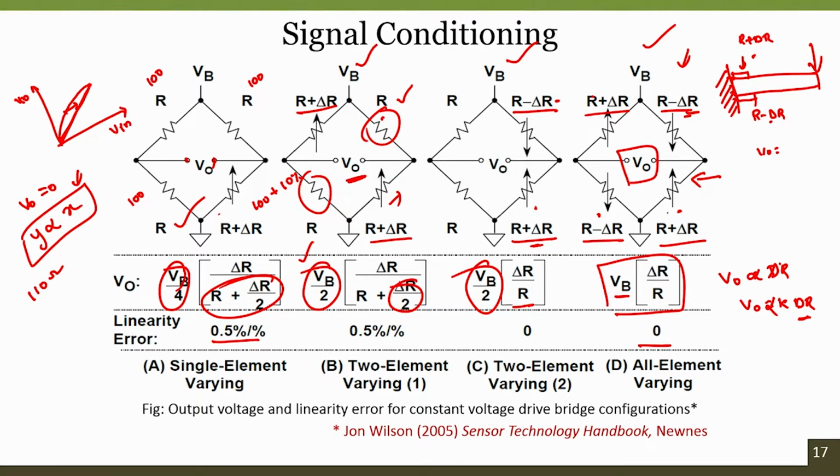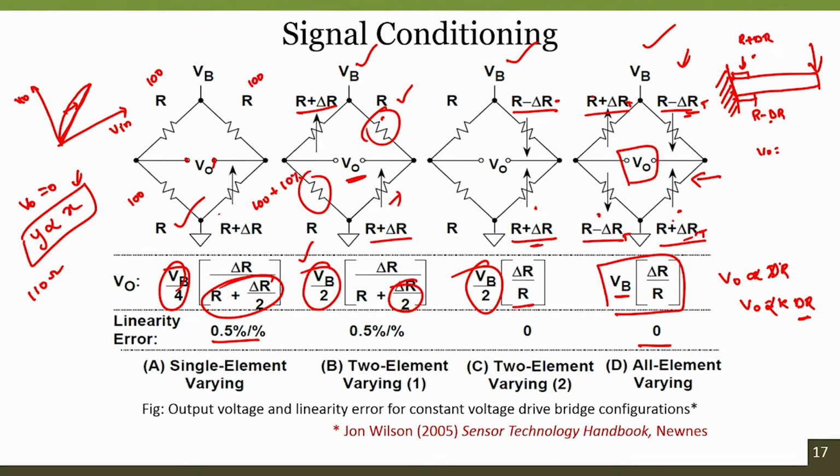At the same time, since we are utilizing all 4 resistances and all 4 are varying, any effect due to temperature will also be compensated. If the change in resistance is due to temperature, delta R is now because of delta RT. If this is a strain gauge, all the resistances will have a positive change.